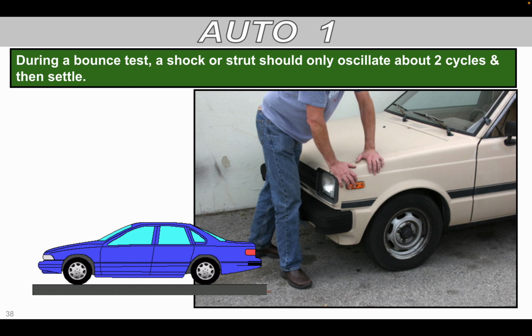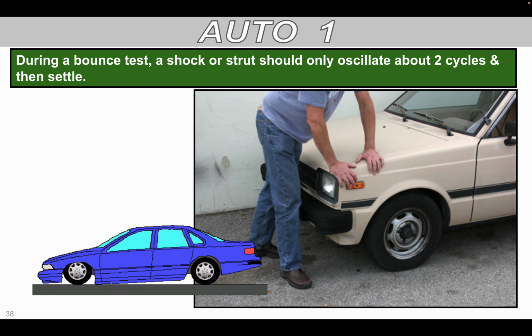It is testing the ability of your dampener to dampen the spring. This is what we're testing. We're not testing the spring. But you're going to have an overly active spring if you have a bad shock absorber.